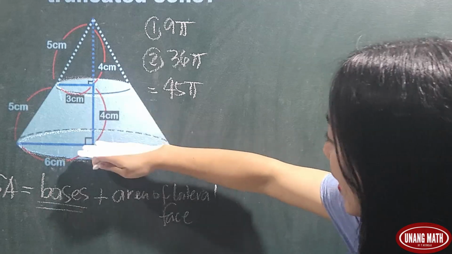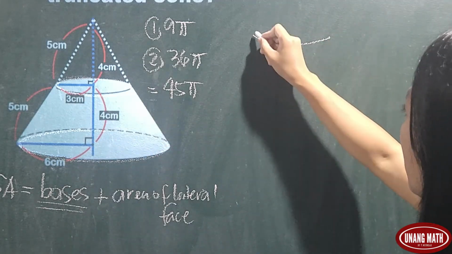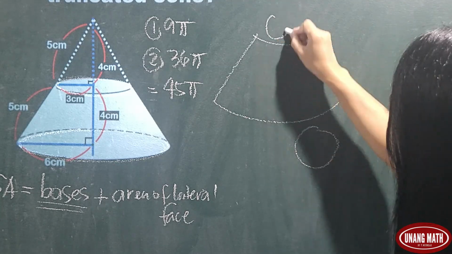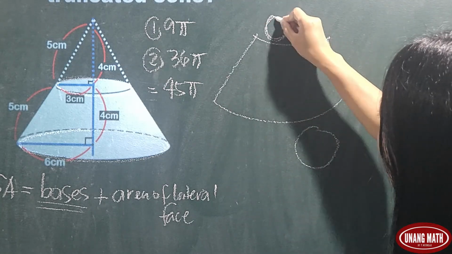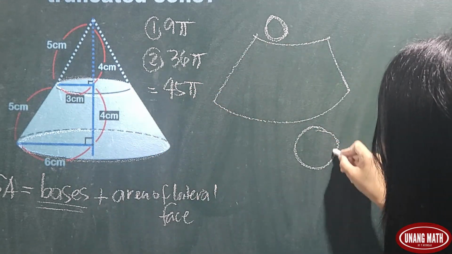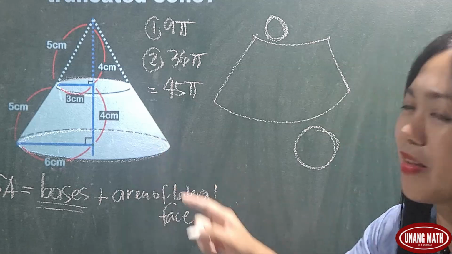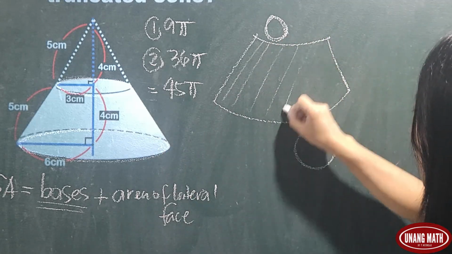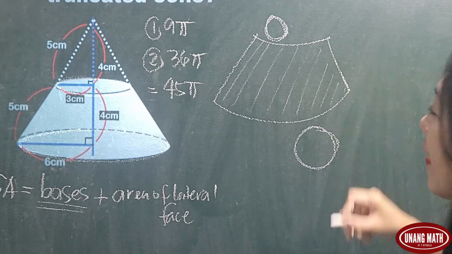So the net of a truncated cone looks like this. This circle is this base, and this one is this base. What we will find is the area of this lateral face.